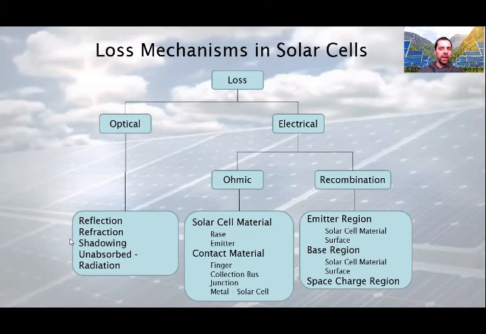Electrical losses have detrimental effects on both the current and the voltage of the solar cell. These losses may be conditionally divided into two large groups: losses due to electrical transport, ohmic losses, and recombination losses given by various recombination mechanisms.